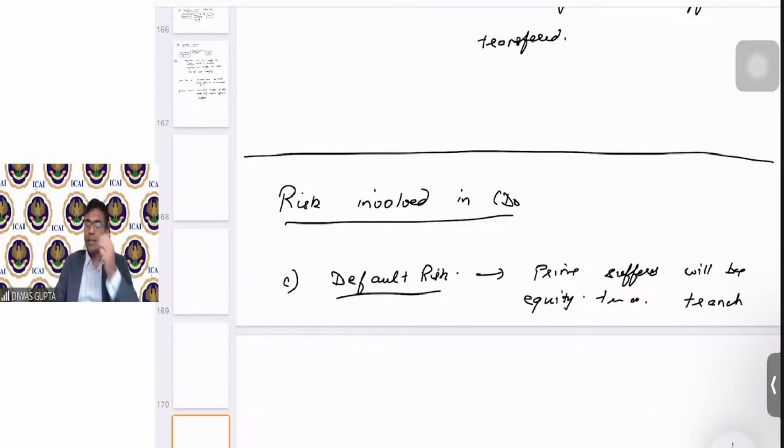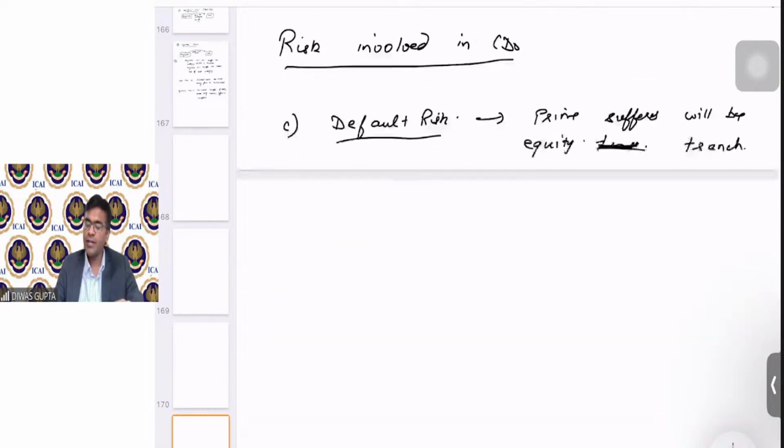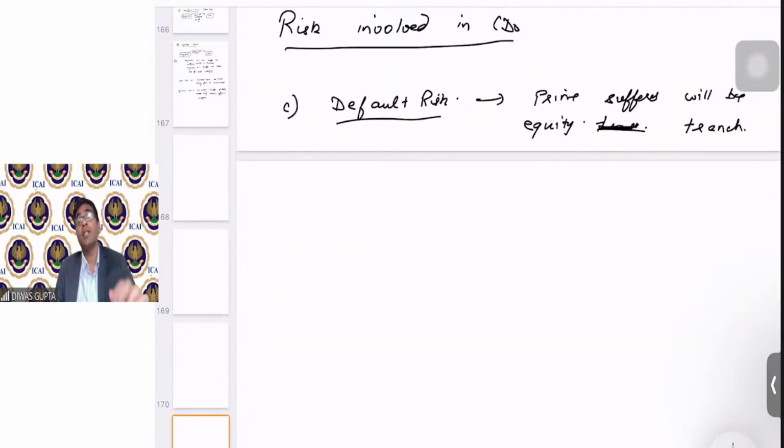So the equity tranche will be the prime sufferer in case of a default risk. Default by whom? Default by the person who has taken the loan. Interest rate risk.